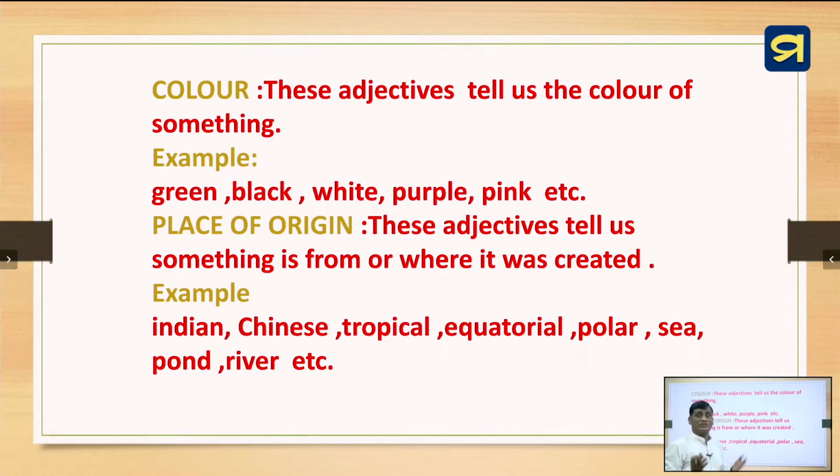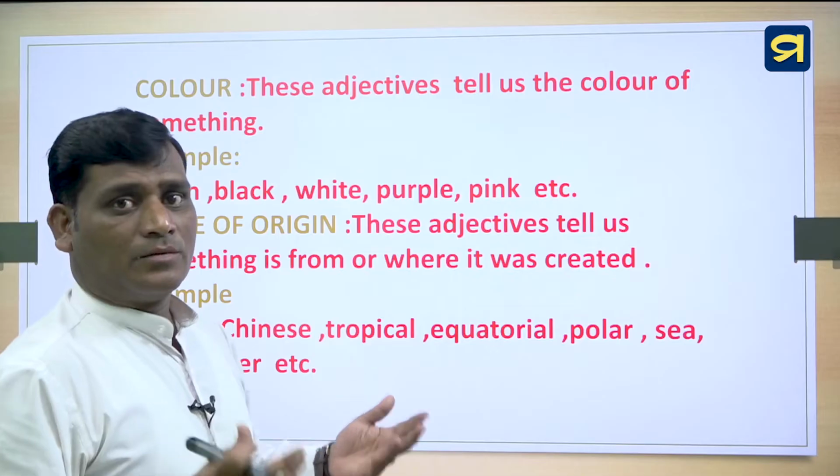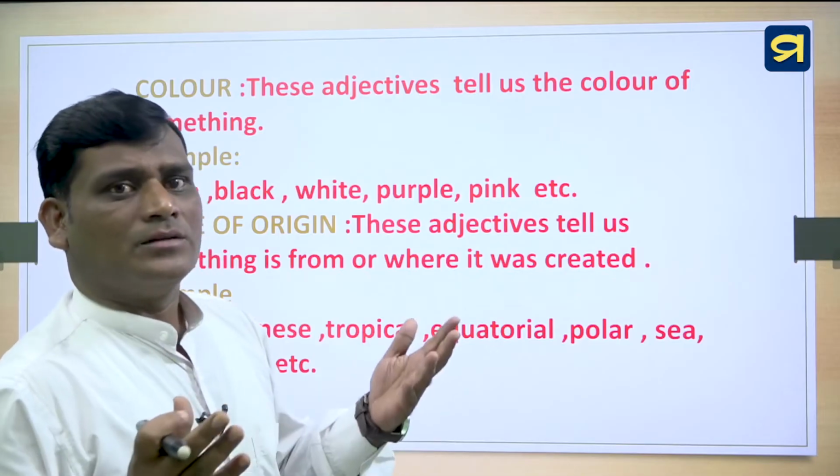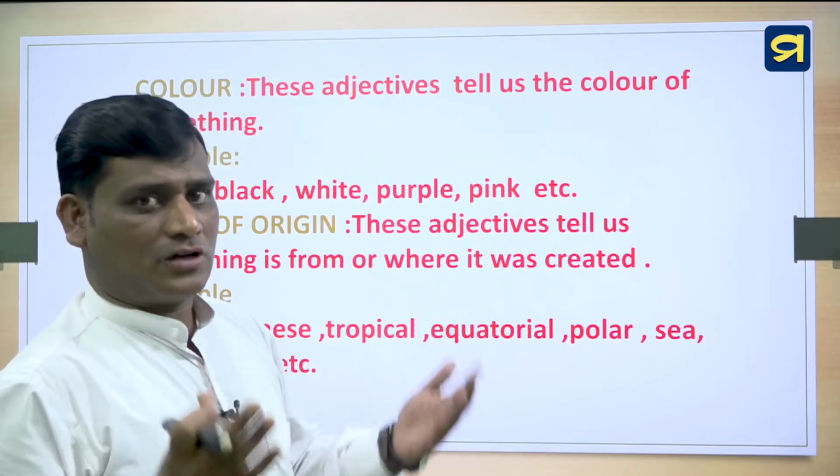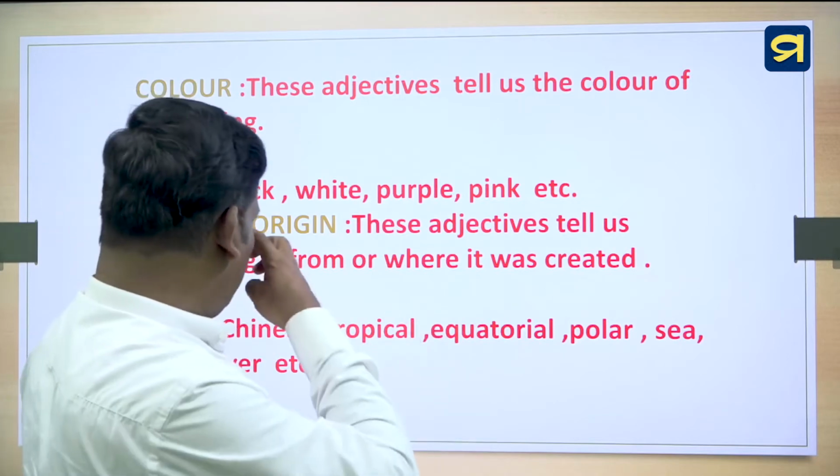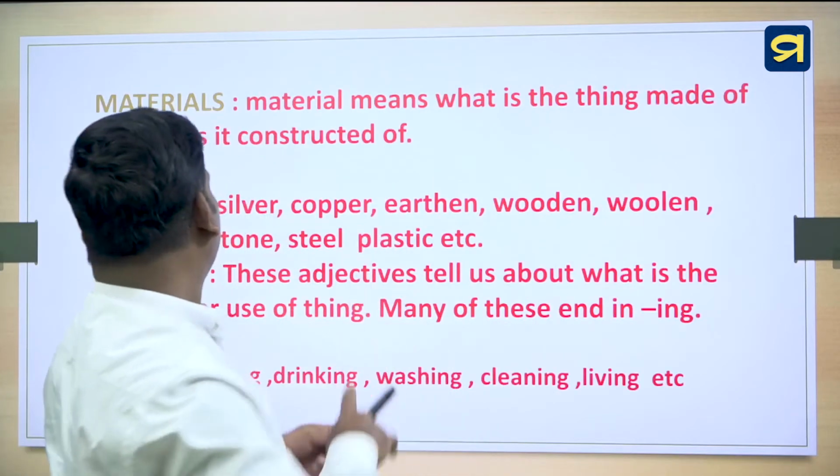If a person belongs to India, he is called an Indian man. Similarly, Chinese. A person who is from China, we may say Chinese. Tropical, equatorial, polar, sea, pond, river. From these places, lots of nouns come. So, we will go to the next slide.